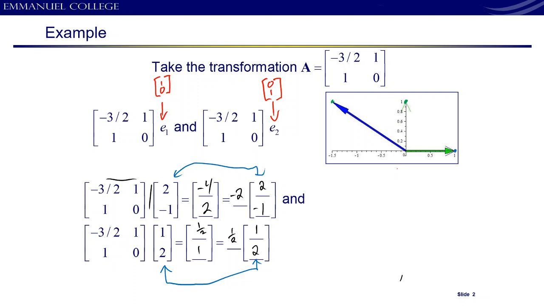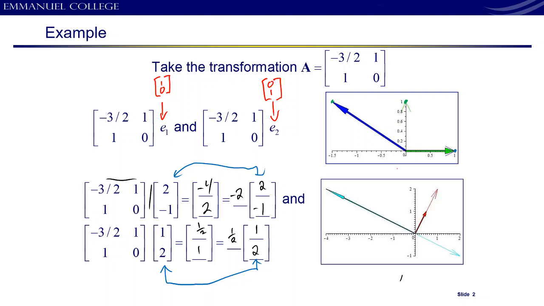What you can see is for the red one, which is (1, 2), it just scaled it down. And if you look at (2, negative 1), it changed its direction and also extended it.